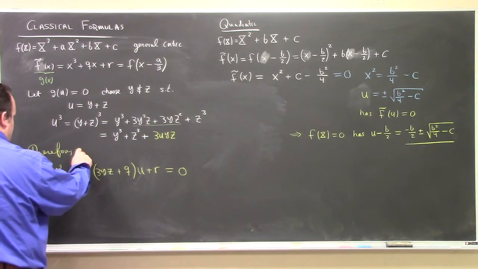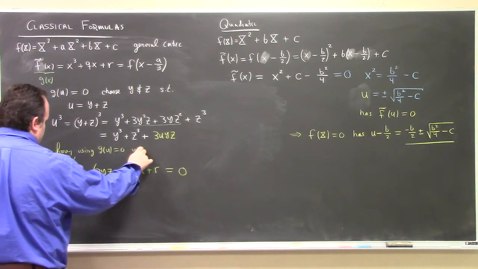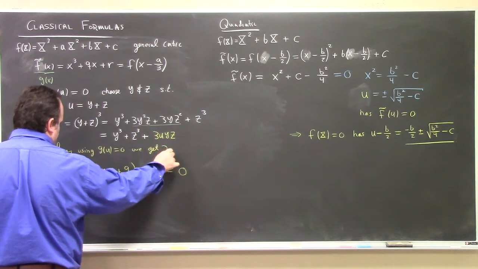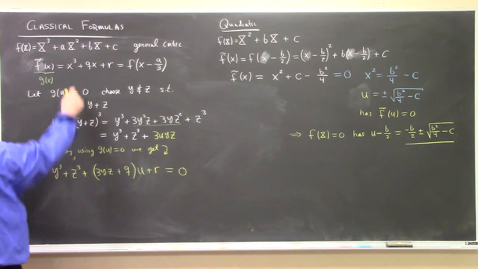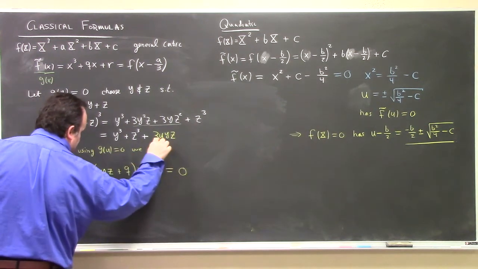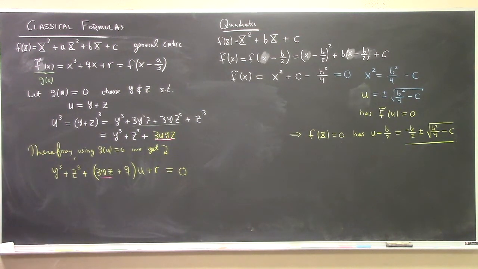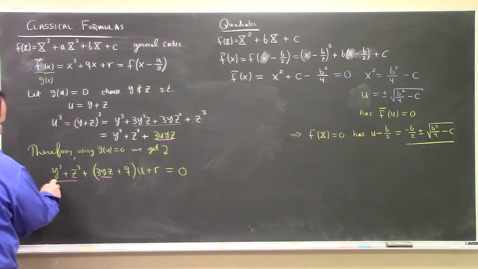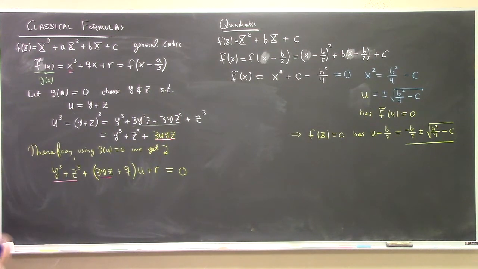So what he's doing here is using g of u equals 0. See, g of u would be u cubed plus qu plus r equal to 0. So when you plug in u into x cubed, you get these two terms, but you also get that term. Like this, as well as these, are all coming from that u cubed. All right.